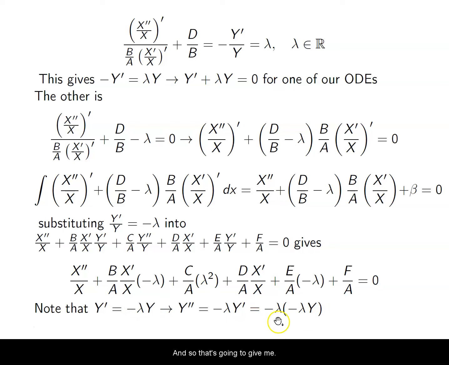And so that's going to give me y double prime is lambda squared times y. So y double prime divided by y is lambda squared. Okay, there we go. So that's how we figured out what that constant value is going to be.